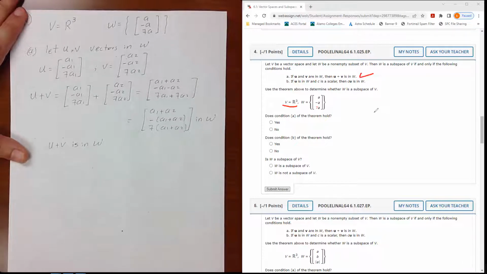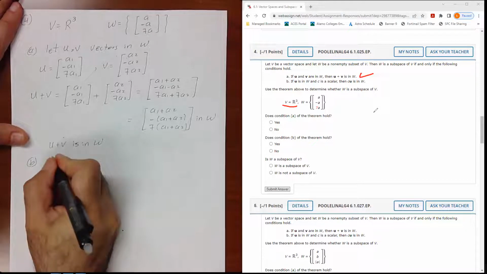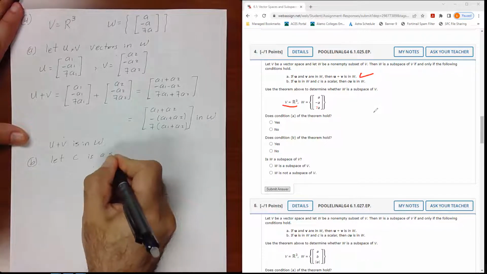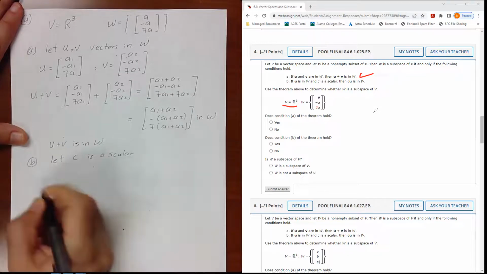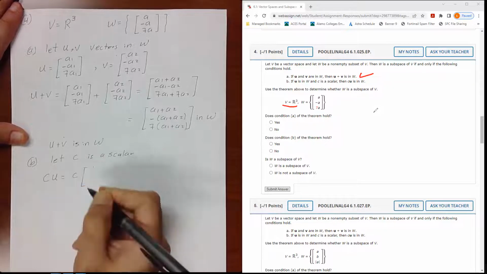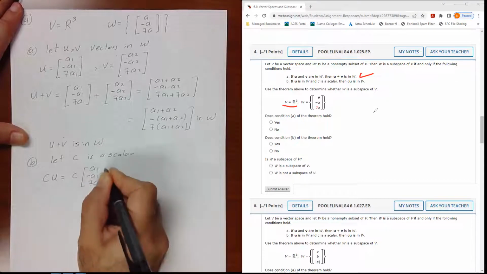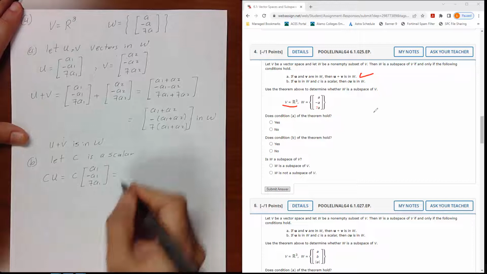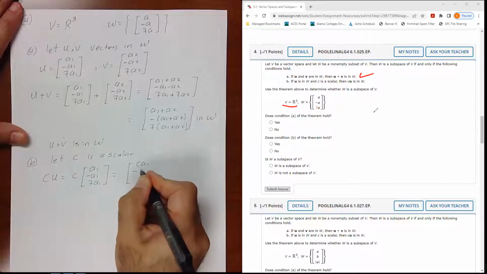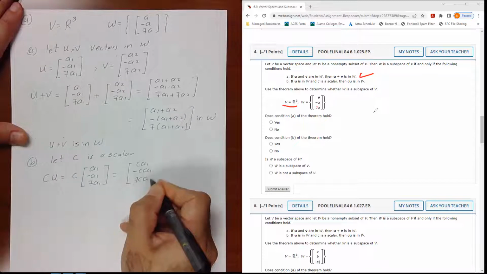Now we need to check the second one. Condition B from the theorem: let C be a scalar. So C times U is C times the vector U, which is A1, negative A1, and 7A1, and it's going to be equal to CA1, negative CA1, and 7C times A1.